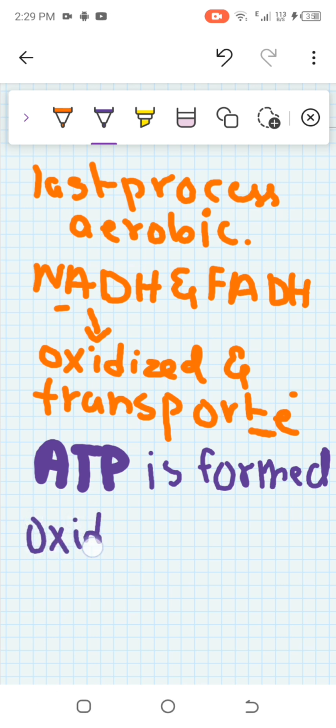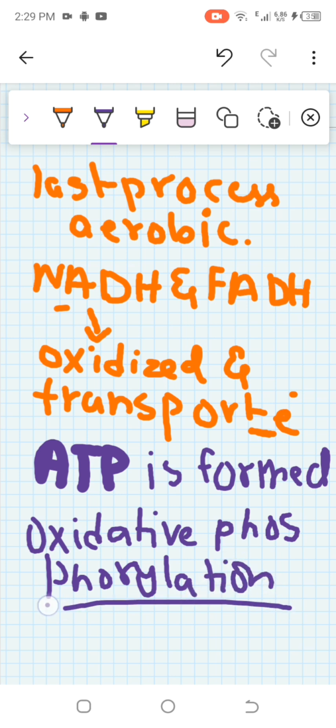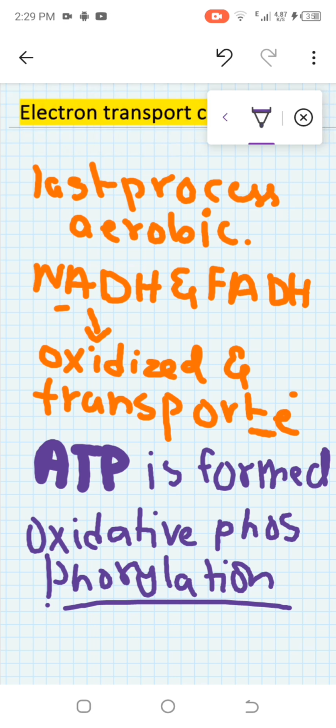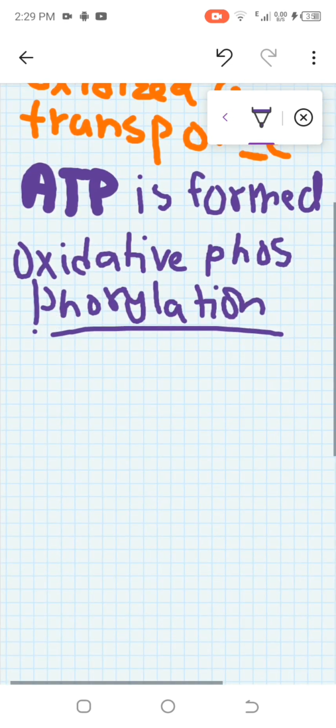Oxidative phosphorylation. Now let me tell you the components of the electron transport chain. The first component is NADH dehydrogenase complex 1.